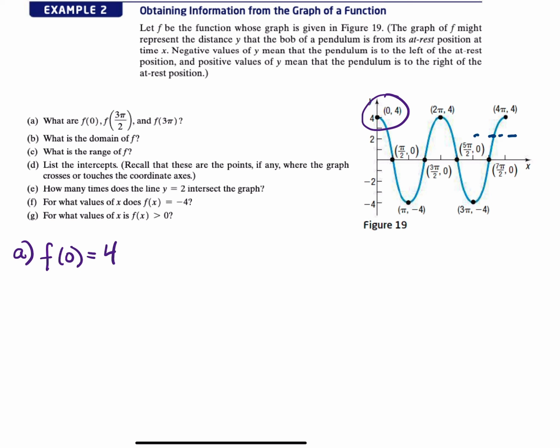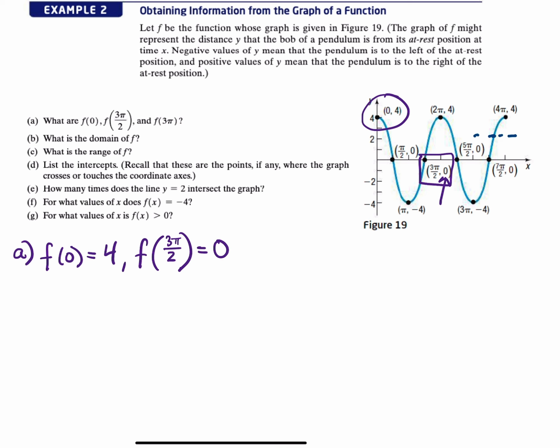f of 3 pi over 2. 3 pi over 2 is our new x value, so we look at where that is on this graph. I see 3 pi over 2 here, and the output is 0. That means it's back at that middle point.